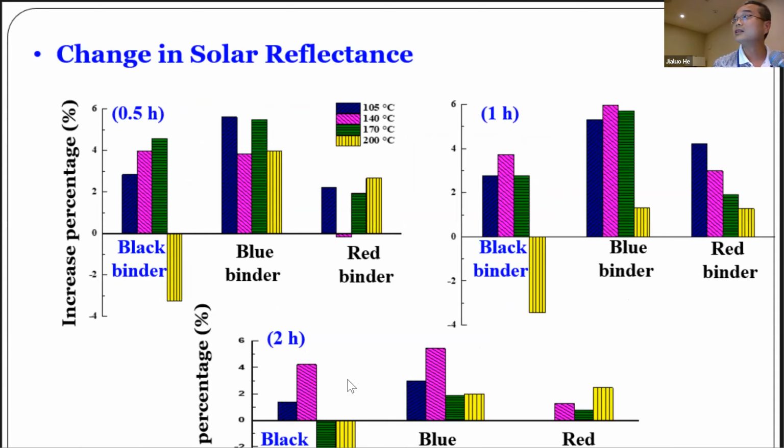So we subject the material to the production conditions, for example high temperature for a few hours, to see whether the solar reflectance has been affected by the production process, so that they remain effective after being subjected to the production thermal condition.